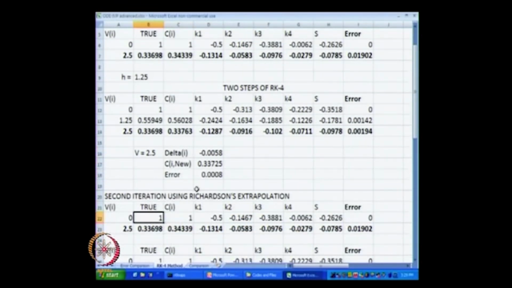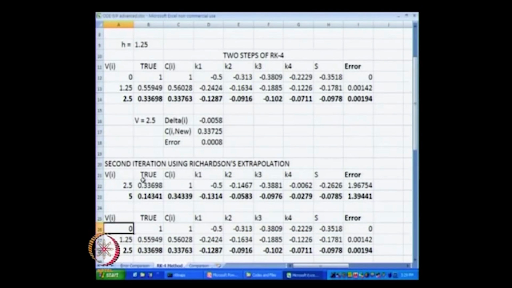Okay. So, V is going to be now equal to 2.5 and the new V is going to be 5, and likewise here the V is also going to be 2.5.